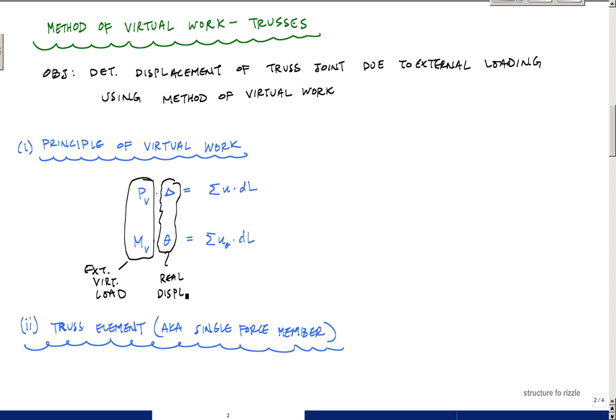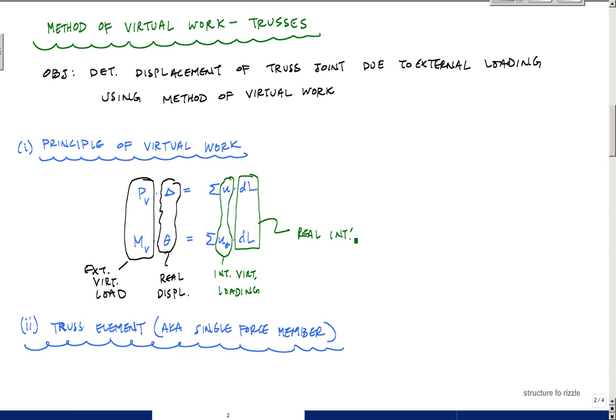And the idea is that this external work on the left side is equal to the internal virtual forces or loading times these real internal deformations. And when I say internal deformations, I'm talking about deformation due to internal load.